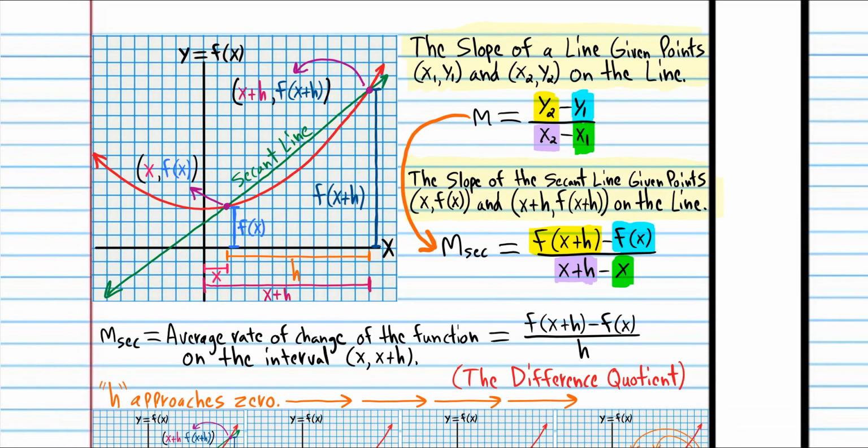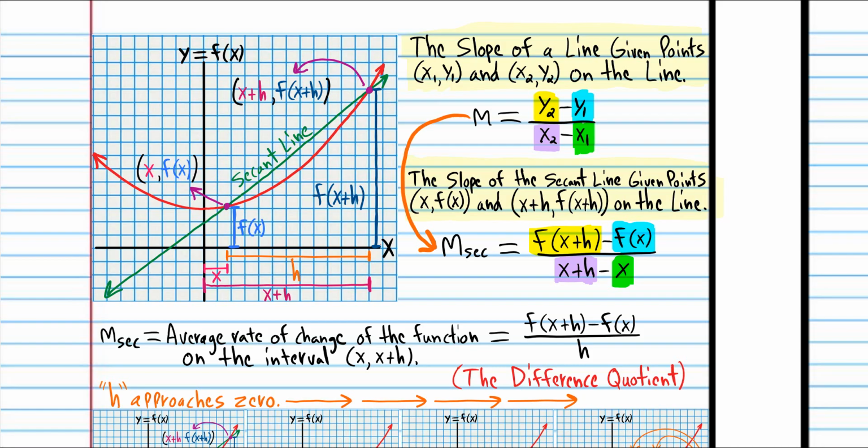But we're now going to use our function notation. The y value of this point up here is f of x plus h, so we're going to plug that in for y2. The y value of this point down here is f of x, so we're going to write f of x. Again, we're finding the slope of the green line using these 2 purple points.